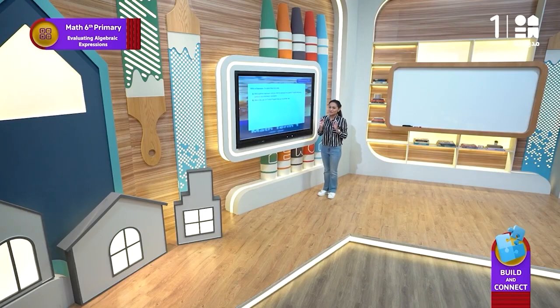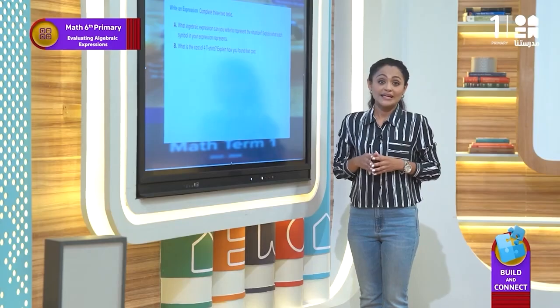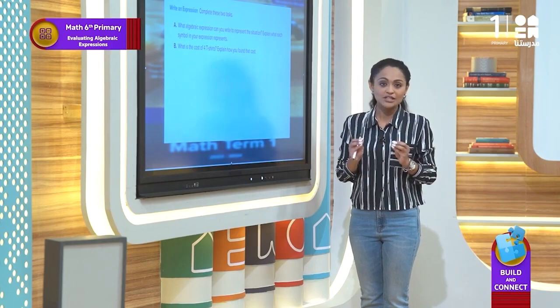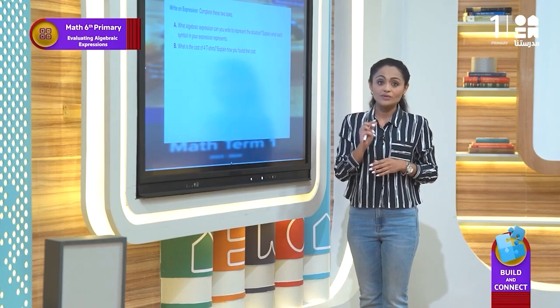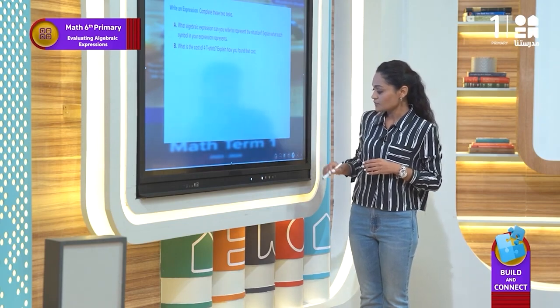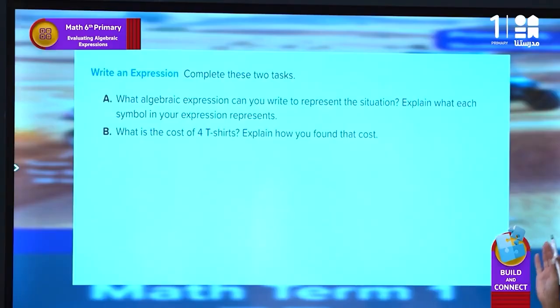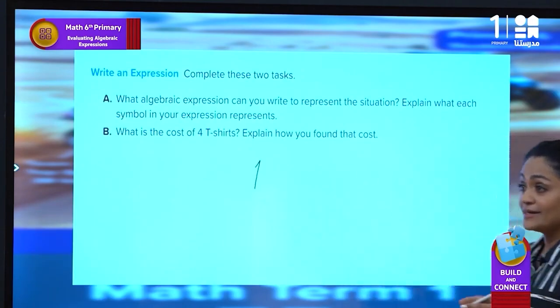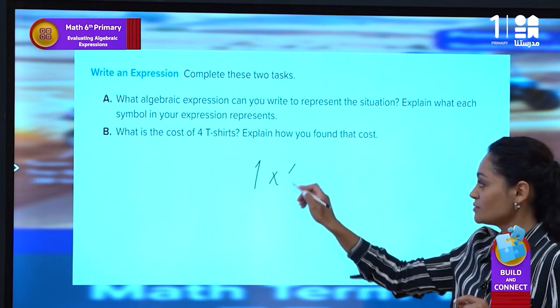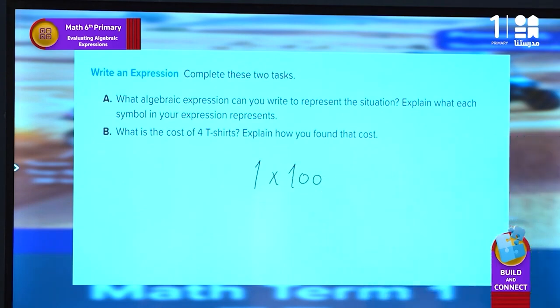I'm sure you wrote the correct form. We said a while ago that we will calculate the total cost of the t-shirts and then subtract the value of the coupon. For example, if we are going to buy one t-shirt, then we will multiply 1 times 100, right?